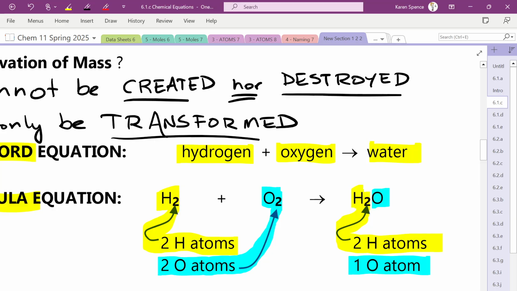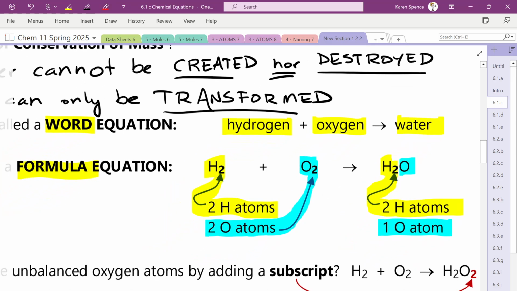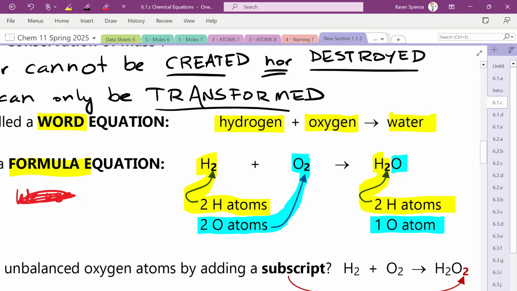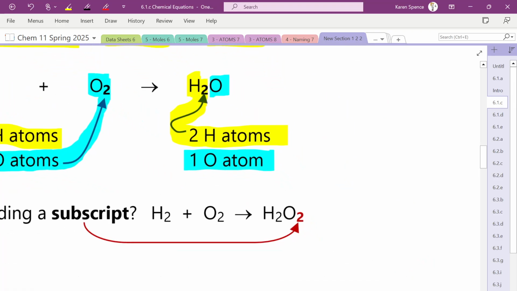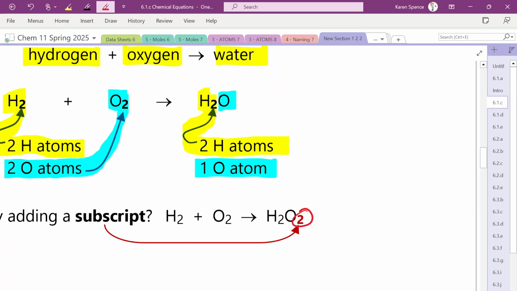How do we fix that? What do we use? We have to have the same number of atoms of each type on each side. Before we do that, can I fix it by writing a subscript there? No. Why not?